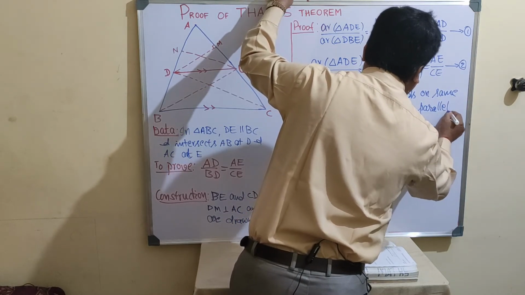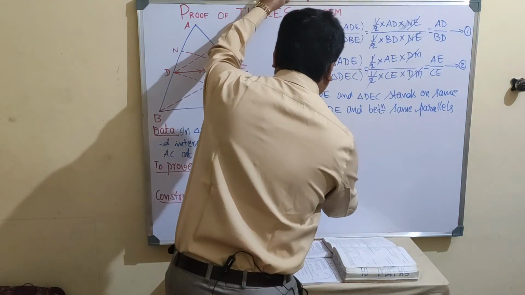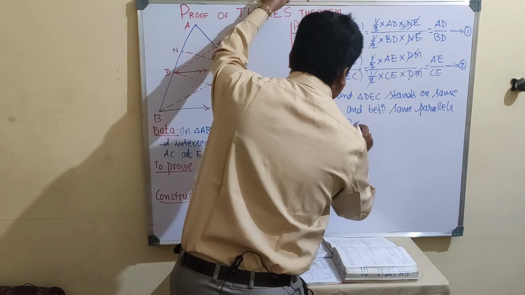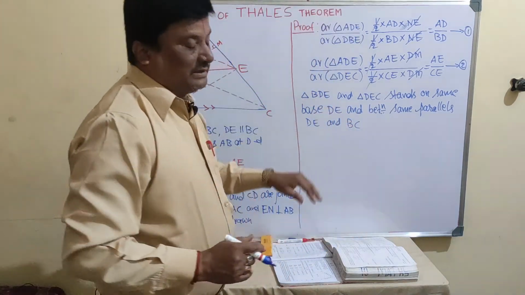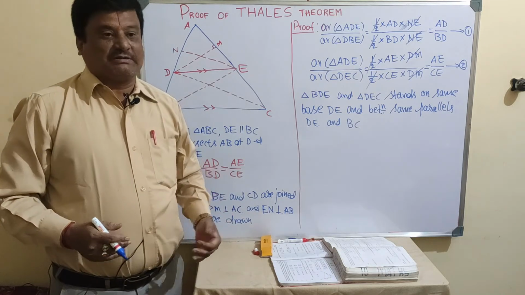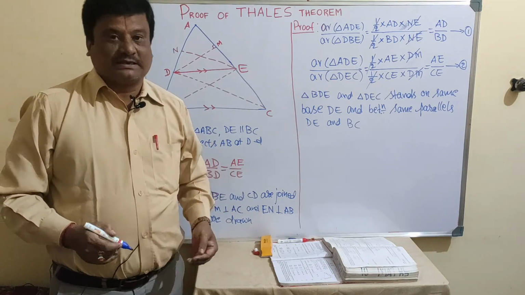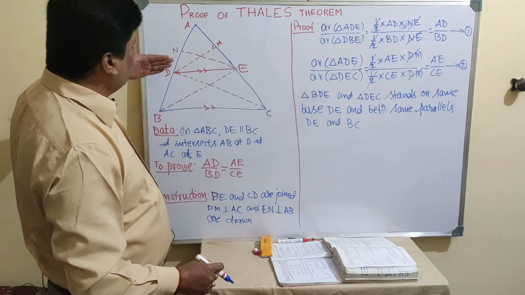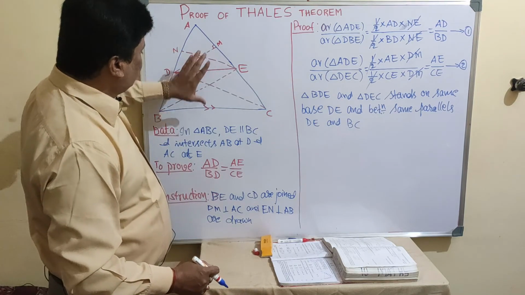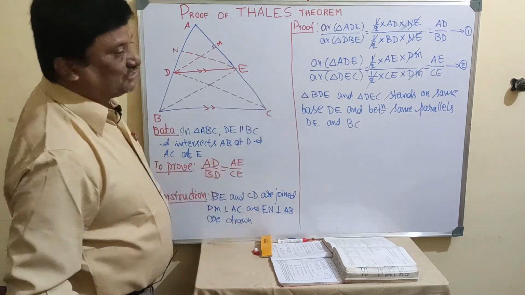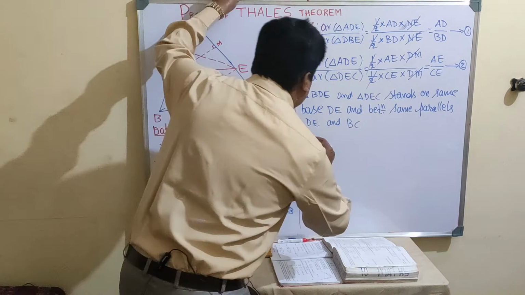In the 9th standard we have studied that two triangles having the same base and between the same parallels are equal in area. So the areas of these two triangles are equal.